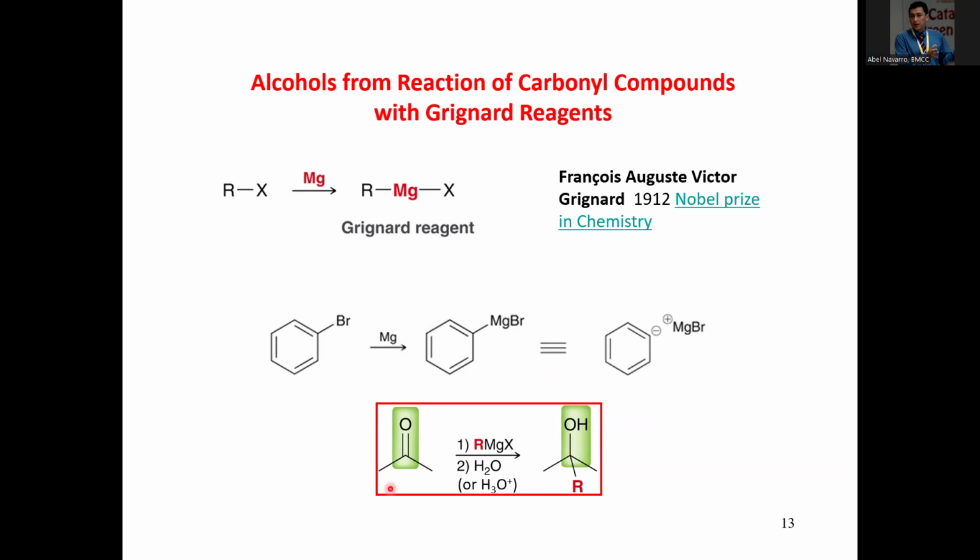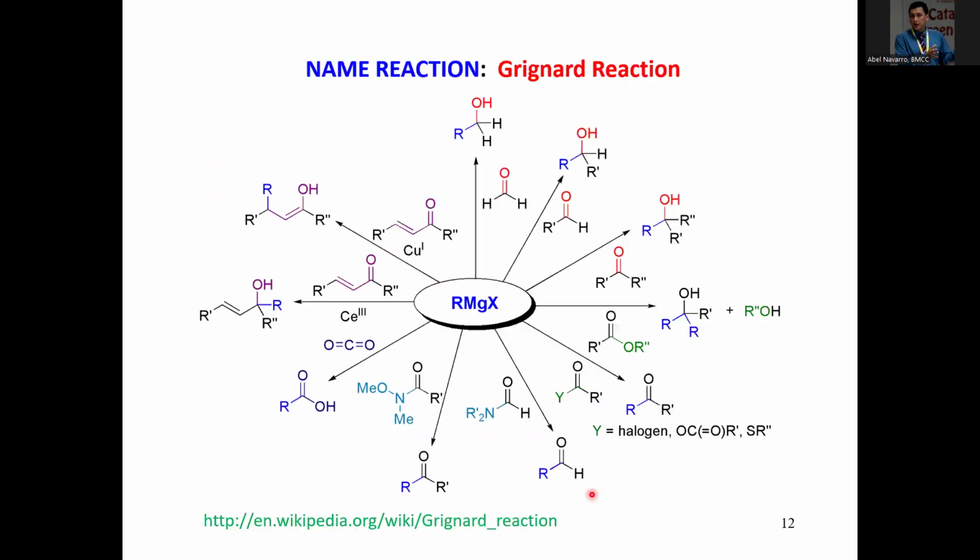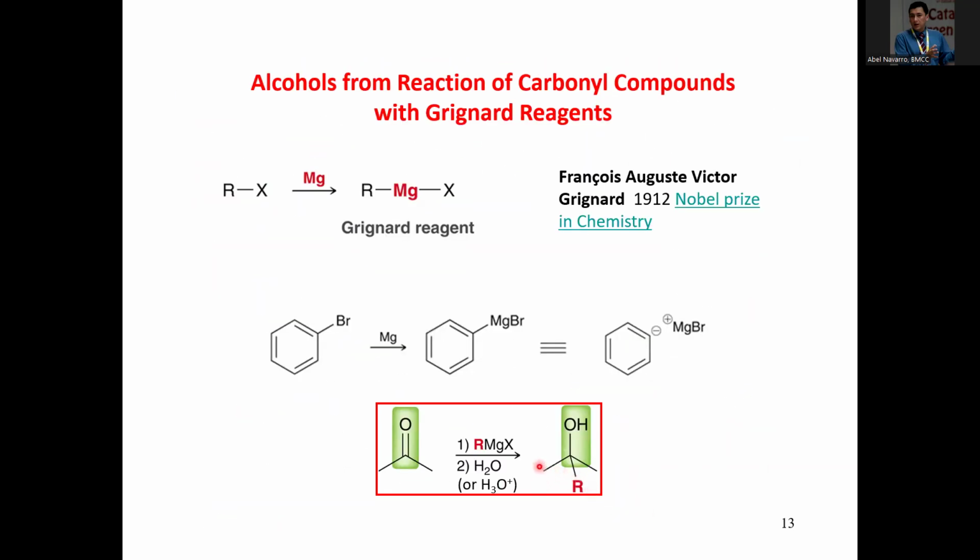If you have a ketone, you make a tertiary alcohol. Before, we said you can make primary or secondary alcohols. Some of you were asking, can I make tertiary alcohols? Yes, you can make tertiary alcohol with Grignard. This one is your tertiary alcohol: 1, 2, and 3, so it's 3 branches.